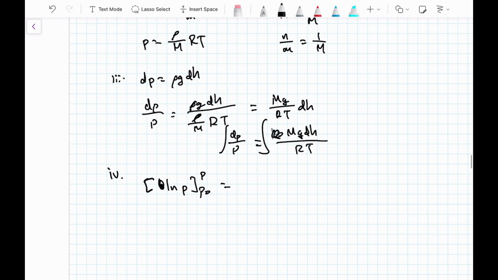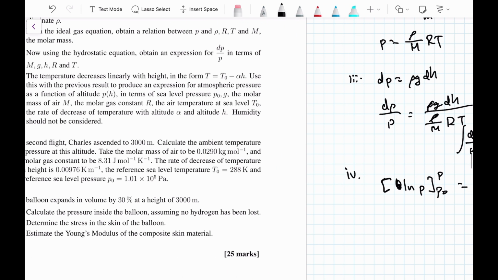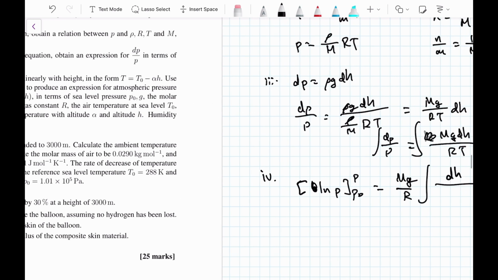On the right side, I can take out the constants first: Mg over R, and then we have dh over T0 minus alpha h.